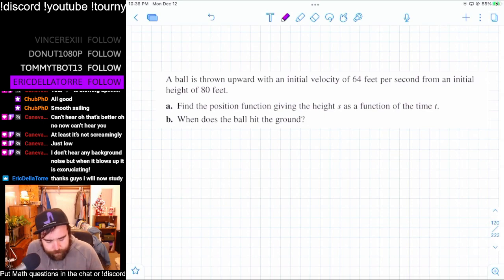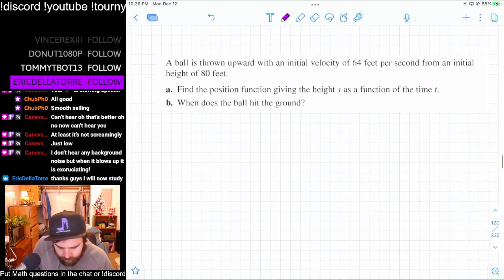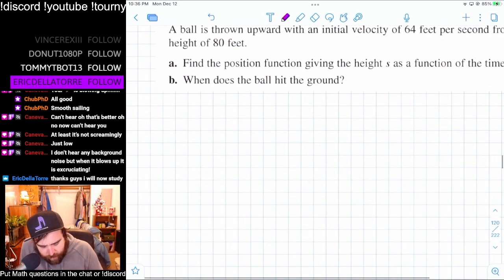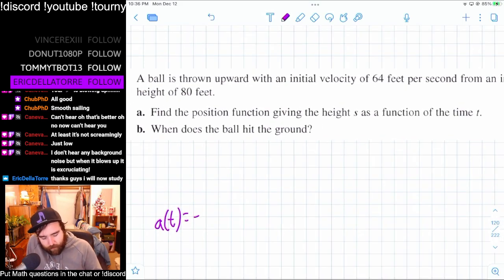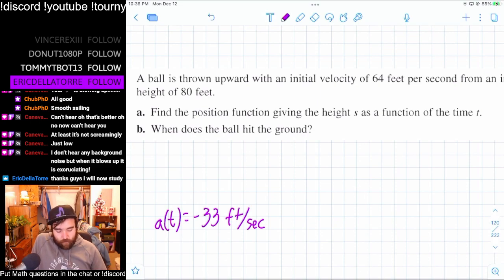We do know what is acting on this ball. We know the acceleration no matter what. The acceleration no matter what is negative, we're in feet, so negative 33 feet per second. Right? We just always have to know that.